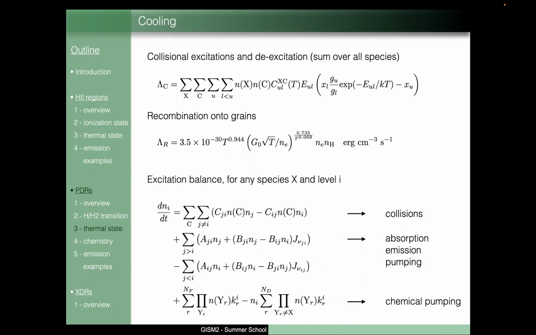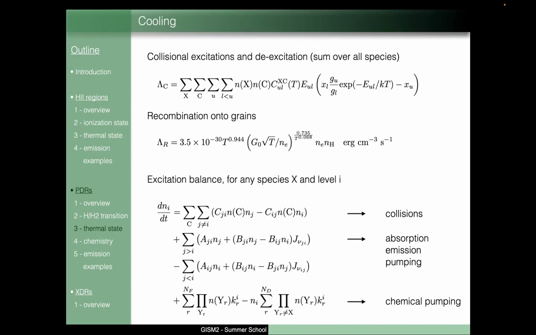Cooling is dominated by collisional excitation. The second term that may influence the cooling is the recombination of electrons on grains. So I just put it here. It's not per se a dominant cooling term. This term must be seen rather like a reduction of the efficiency of the photoelectric effect. Okay, this is how it is usually treated, but I separated it here for the figure you are going to see in the next slide. Okay.